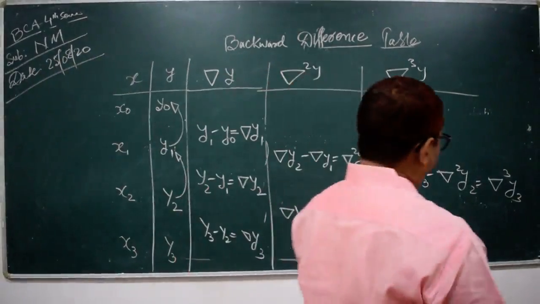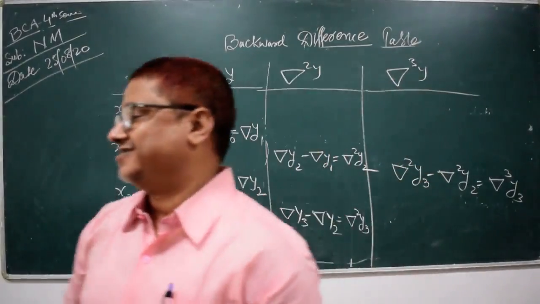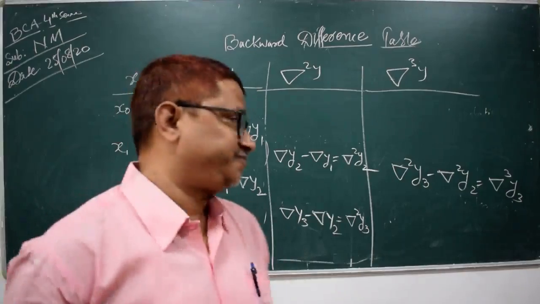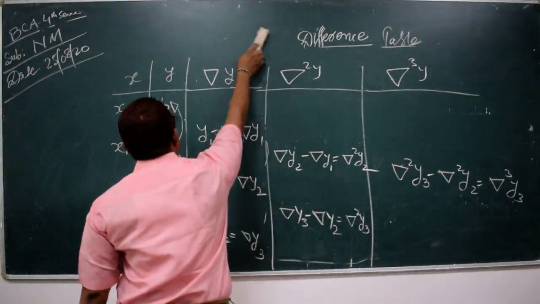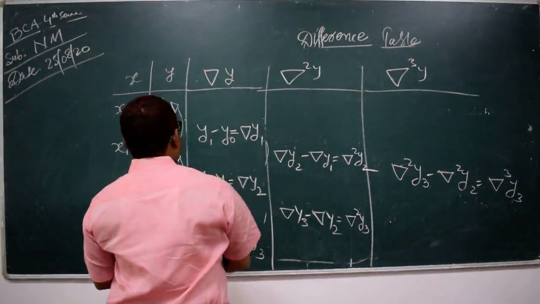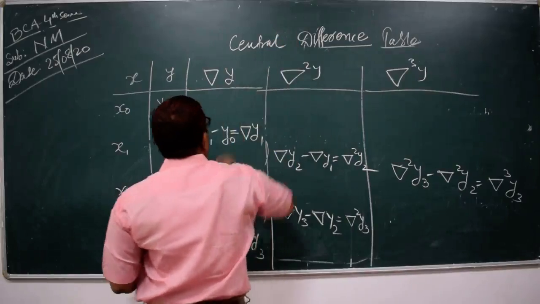Now come to the third difference, called central difference. After backward and forward, central difference also lies in equal interpolation.